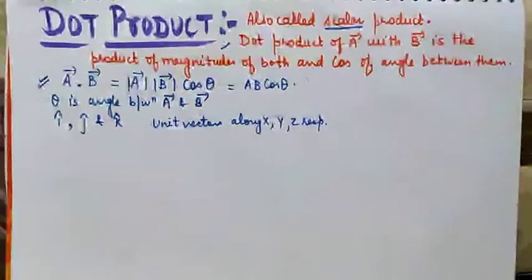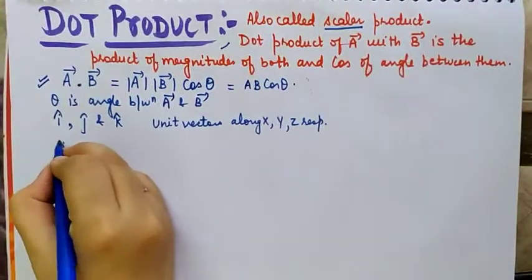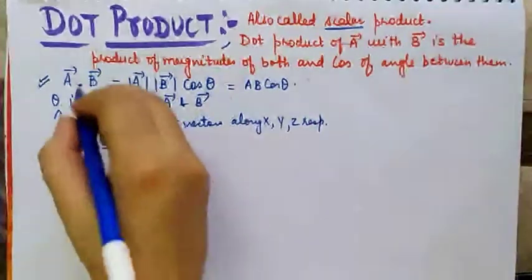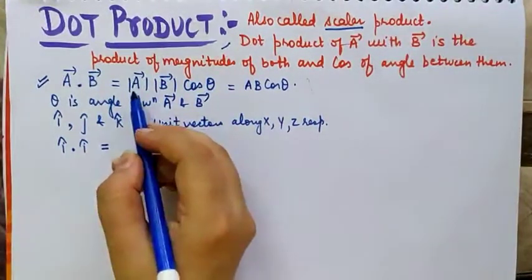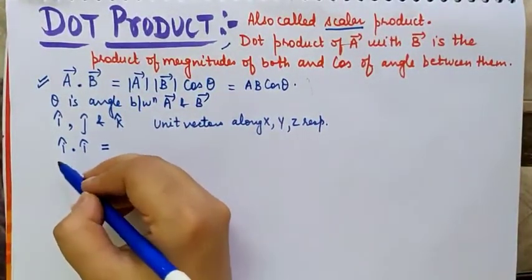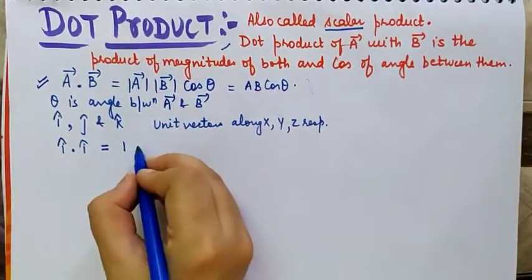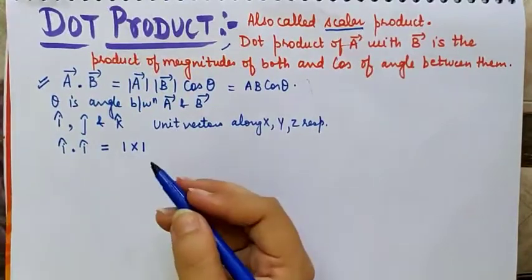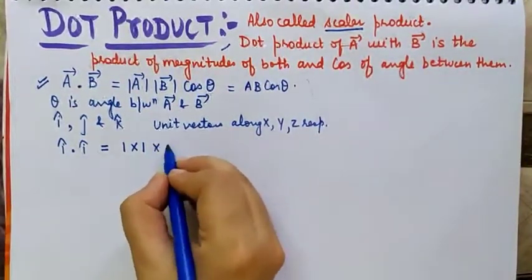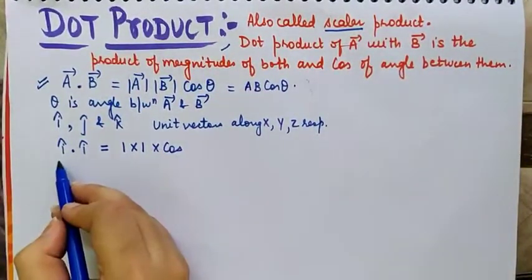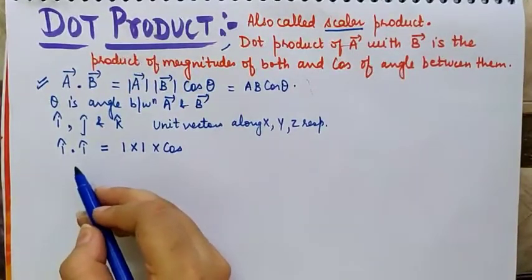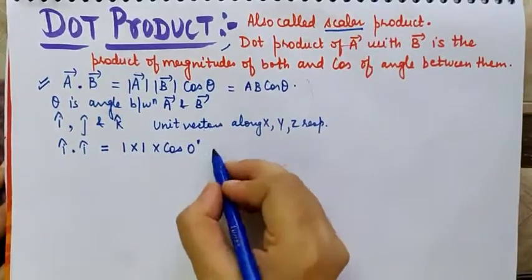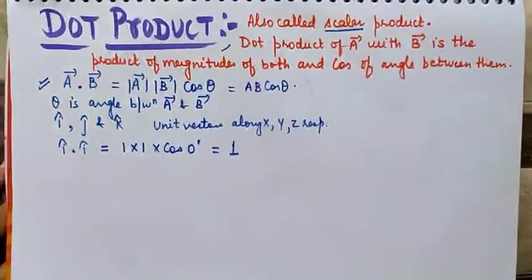So now if I need to do i dot i, what will be my answer? Applying the rule, the magnitude of first is 1, the magnitude of second is 1, I write a cross sign, that means simply multiplication, then cos of the angle between them. i is along the x-axis, another i is along the x-axis, so both are in the same direction, hence parallel. I can write cos 0, which is equal to 1.